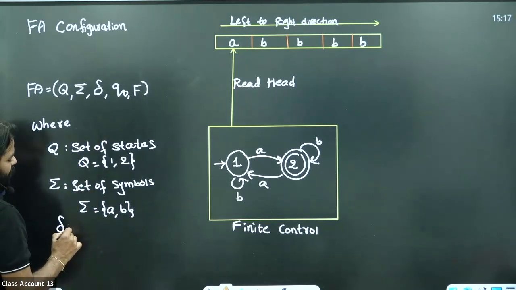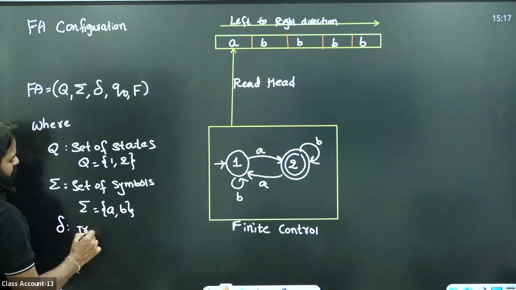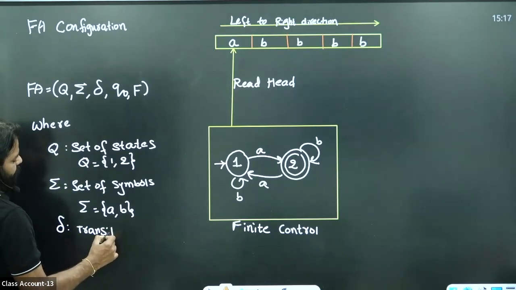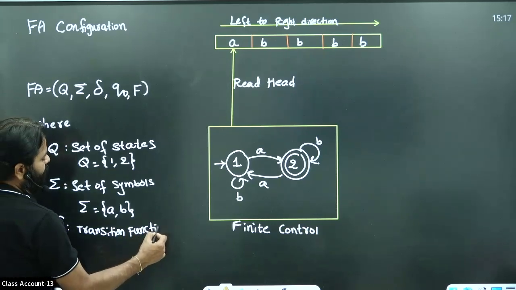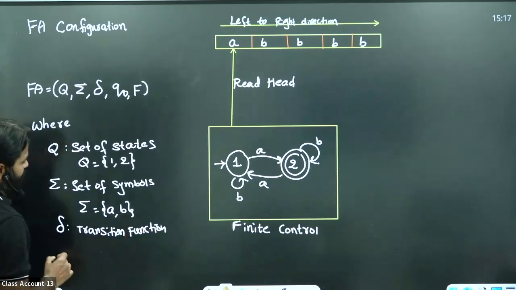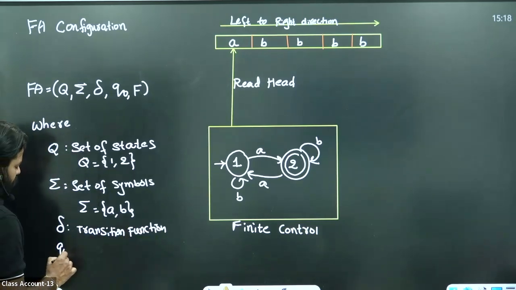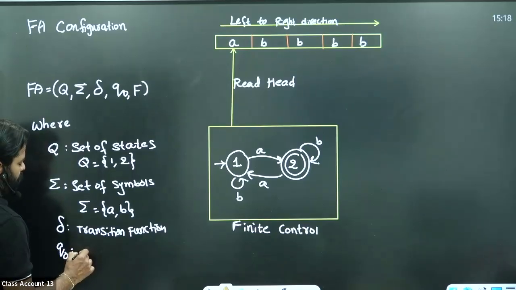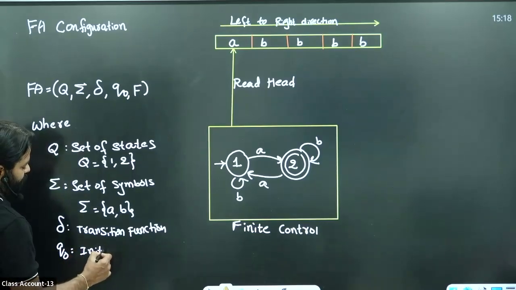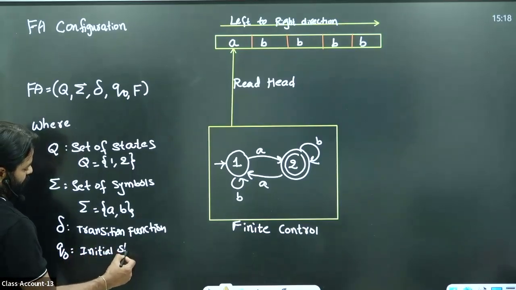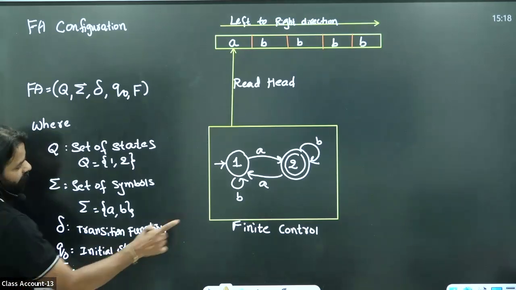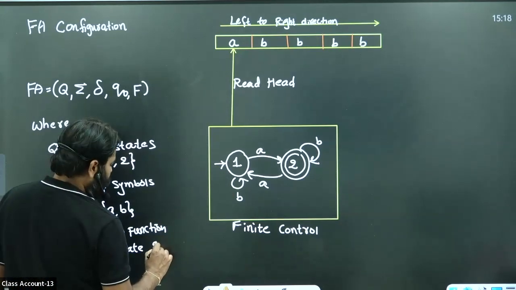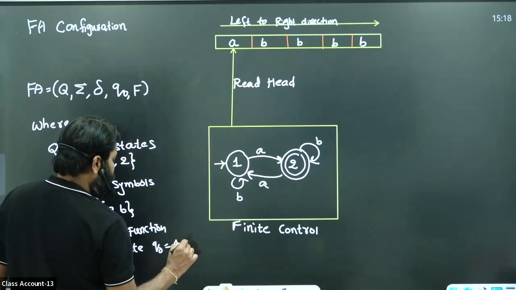Delta is a transition function that represents the type of finite automata, DFA or NFA. We'll see what delta is for. And Q naught is a start state, also called the initial state. Here Q naught is 1.